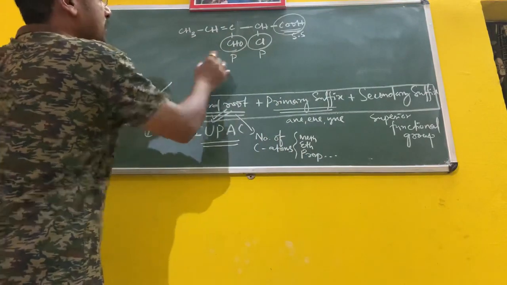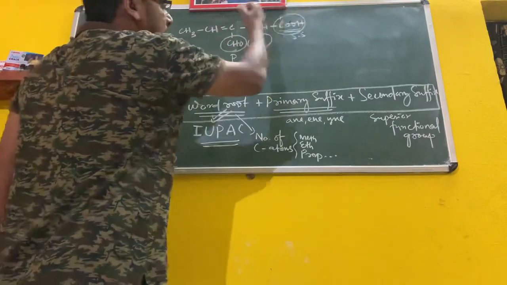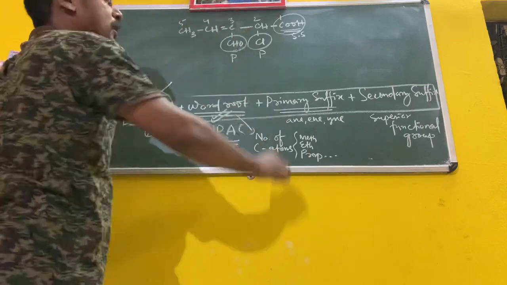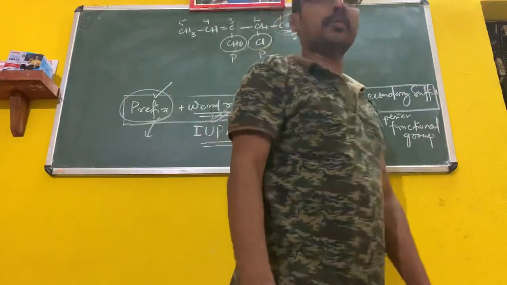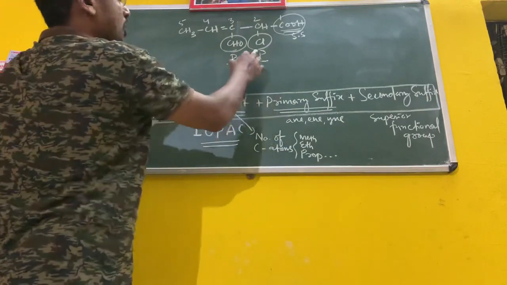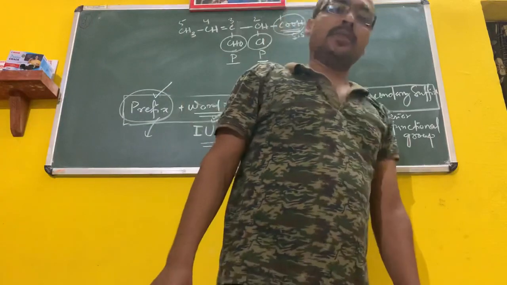First the prefix with position, then the names from the secondary suffix. We number the carbon atoms 1, 2, 3, 4 and 5, the longest carbon chain. What is the word root? Pent. The prefixes are chloro and formyl. Which one comes first?